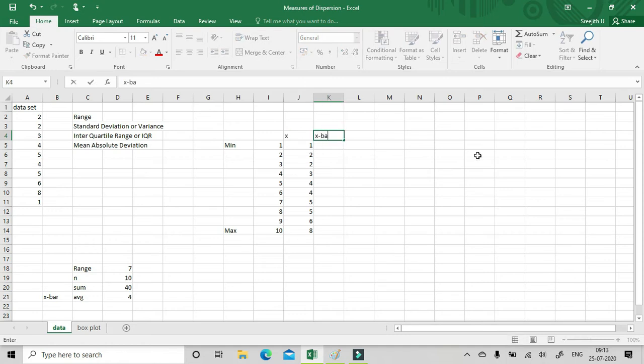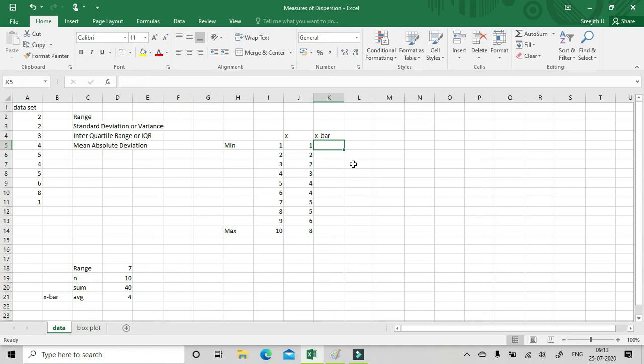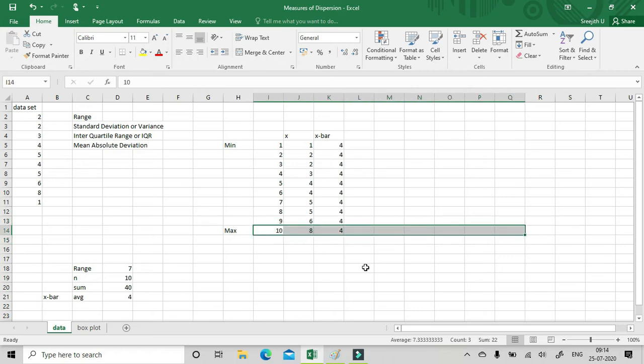Please remember that even though I write it as x bar here, typically it is an x with a bar above it, because I'm in an Excel sheet. When you write it, it's x with a dash on top, denoted as x bar, right?